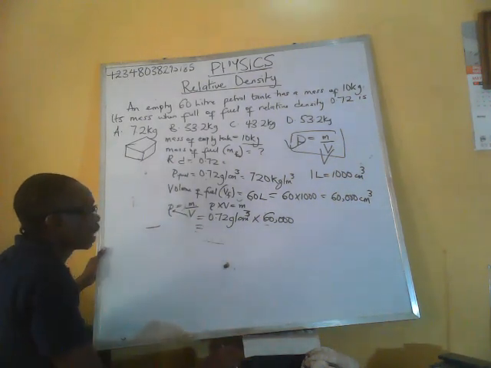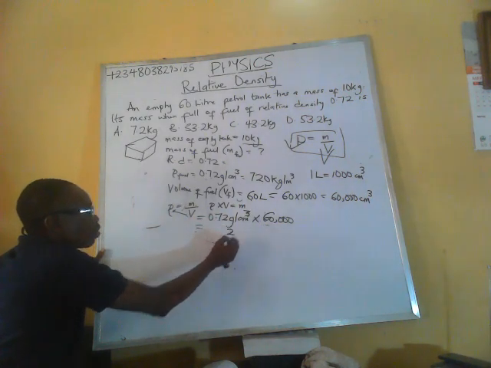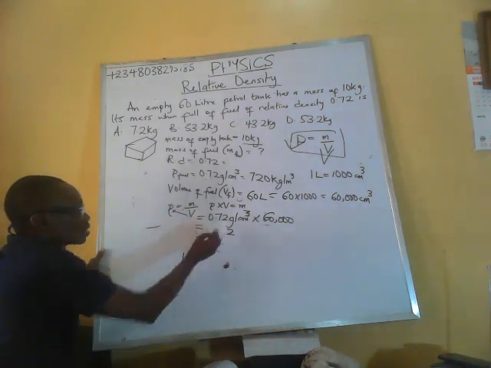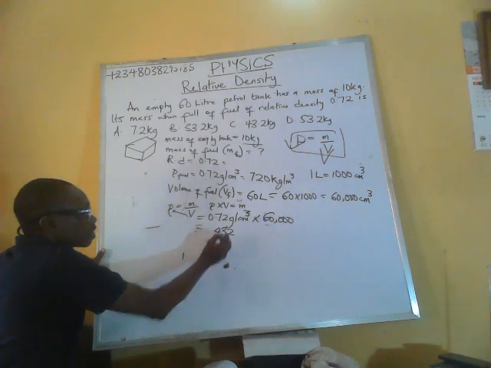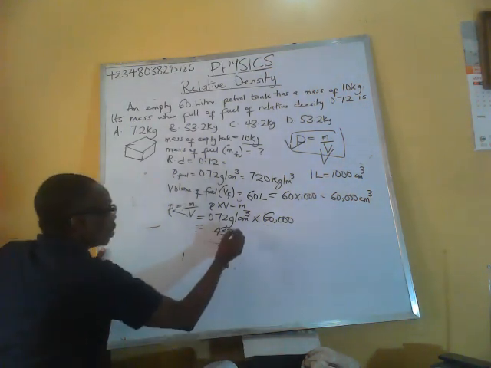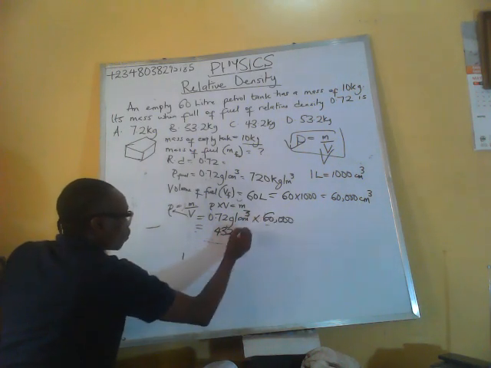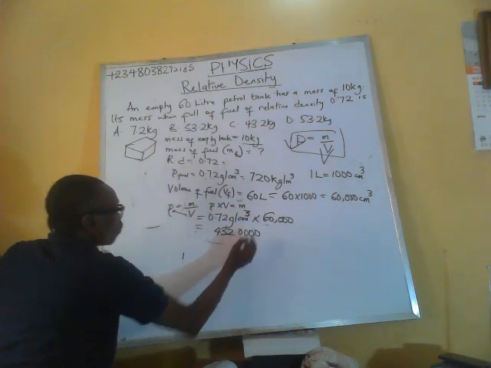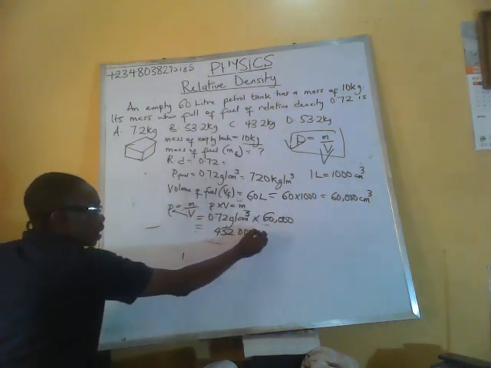So if we multiply, 6 times 2 is 12. 6 times 7 is 42, plus the 1 from the 12, 43. Then we count 2 decimal places from here.